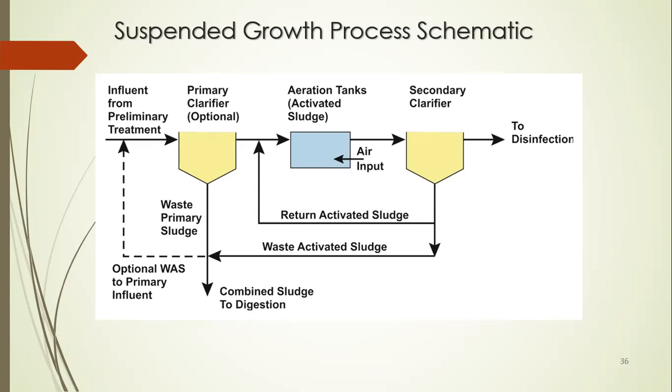So typically, you can remove maybe 30 to 40% of your BOD until the primary treatment, but mostly the main component of your BOD is removed in the secondary treatment operation.